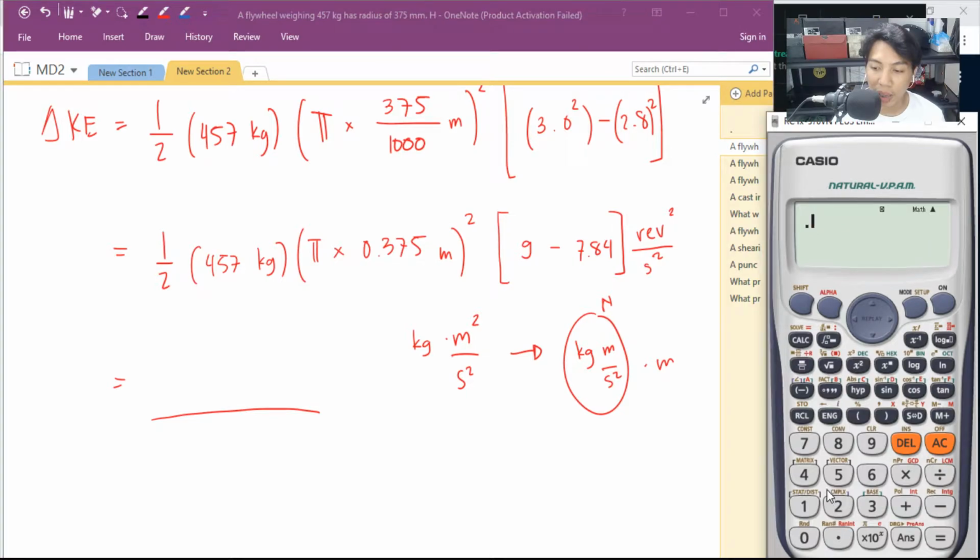So, that is 0.5, 1/2 yan. Times 457. Times natin ng 0.375. Tapos, shift pi. Squared natin. Times 9 minus 7.84. The answer will be, ilang Newton meters yan? May kulang ba? Ni-square ba natin yung pi?